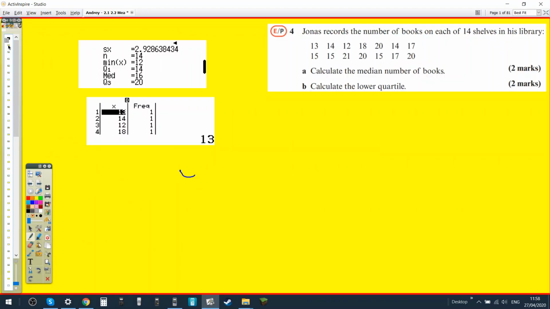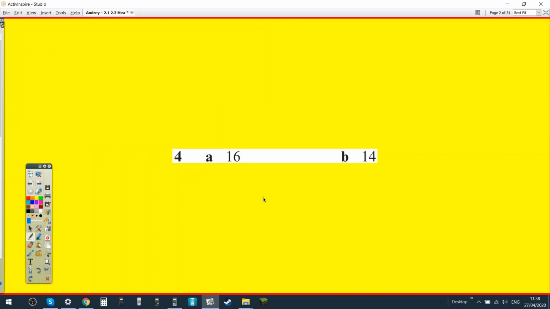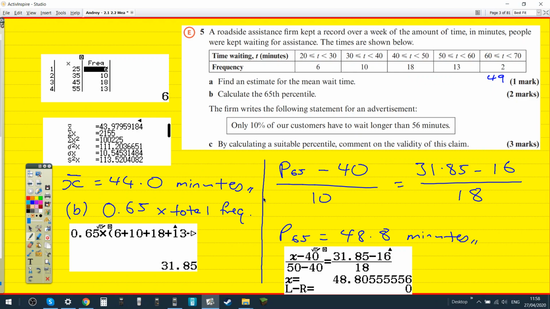Where possible, raw data, use calculator. Grouped data, if they want the mean, calculator will work. If they want interpolation, so estimate median, lower quartile, upper quartile, or any percentile, use our formula.